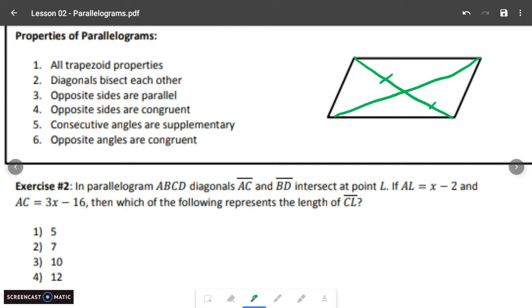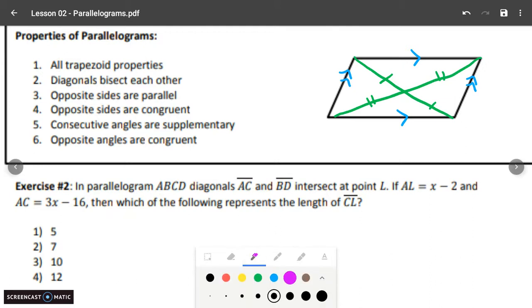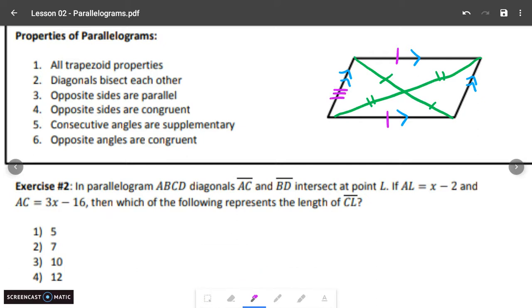Okay, so that means these pieces are congruent and these pieces are congruent. They have opposite sides parallel. So remember, parallel is indicated by an arrow. Notice I'm giving 2 arrows here because they're not all 4 parallel. Their opposite sides are parallel. Also, their opposite sides are congruent. So I'm going to give these.